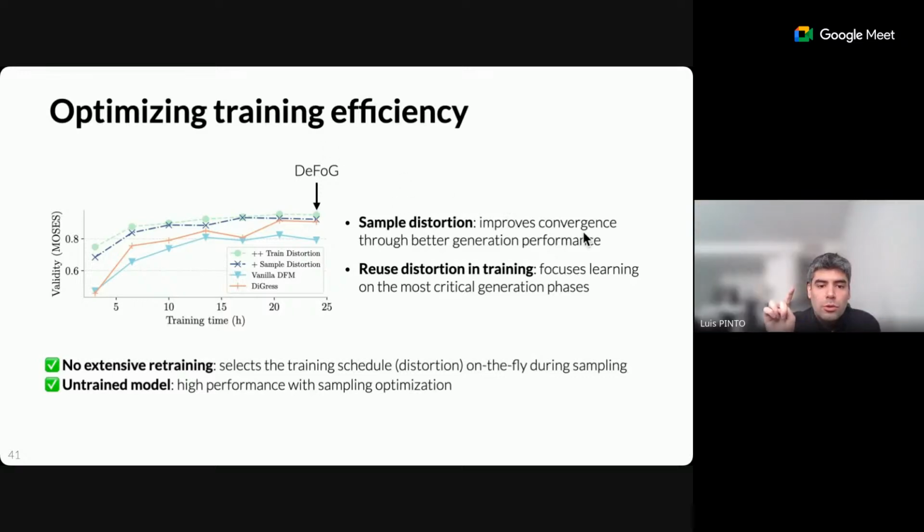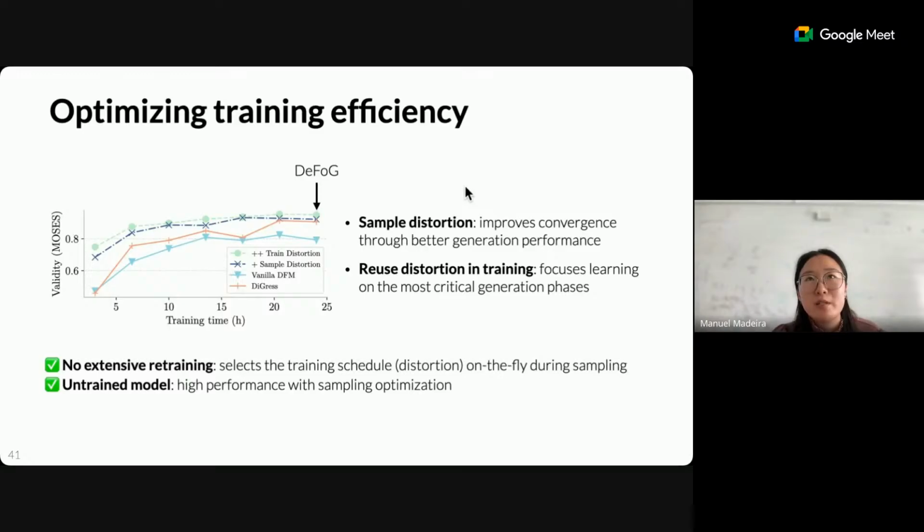So the training distortion will be very helpful to accelerate the training process. Okay, and when you reuse this new scheduler, will the sampling distortion scheduler change, or would it keep being the same one? We have a heat map to show the interactions of training distortion and sample distortion.